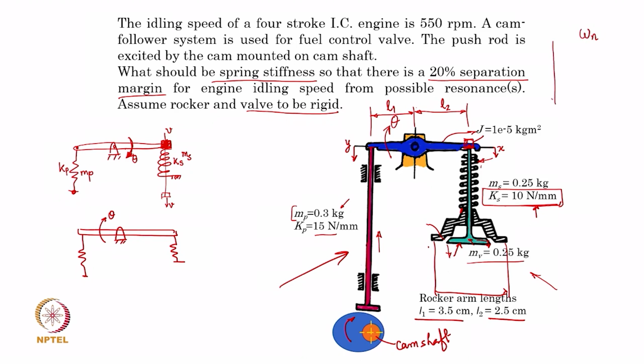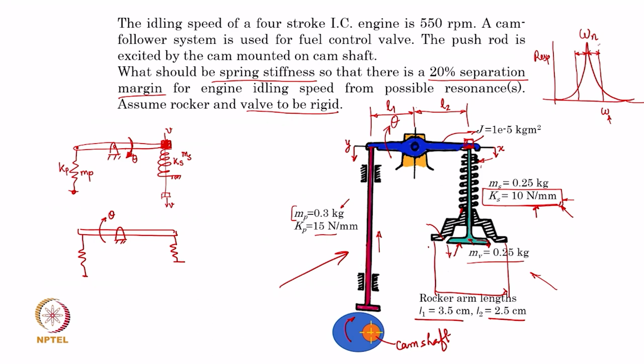Separation margin means we already know that when you plot the response versus the operating or excitation frequency, we get a resonance like this. This frequency is the excitation frequency, and what it is asking us to check is, with this spring stiffness, or by finding the required spring stiffness, whether we shall be at least 20% away from the natural frequency or resonance.